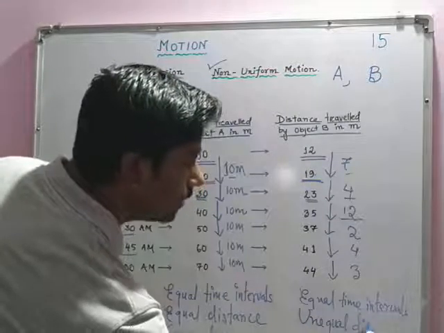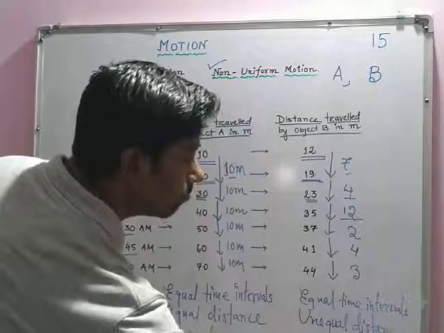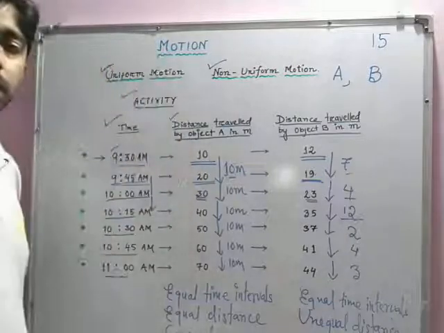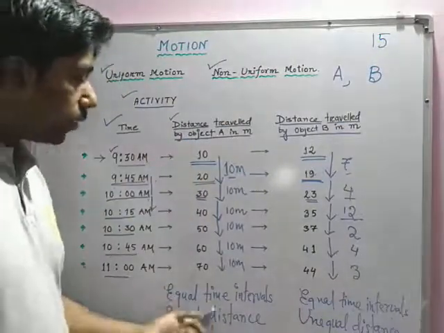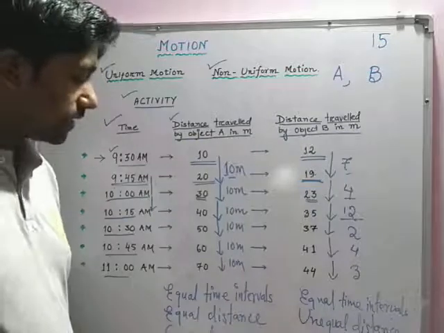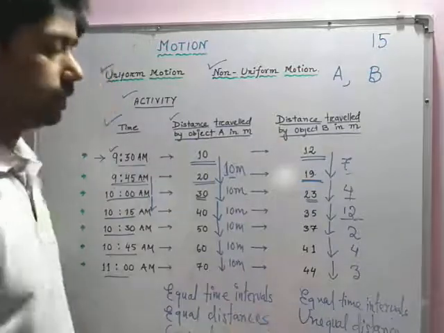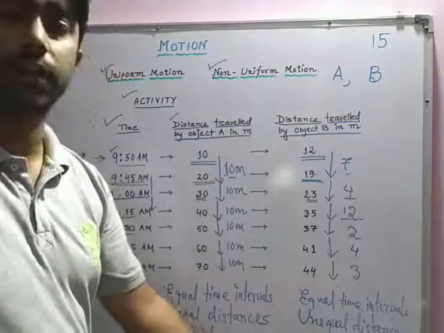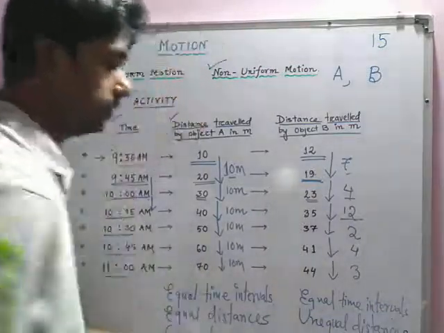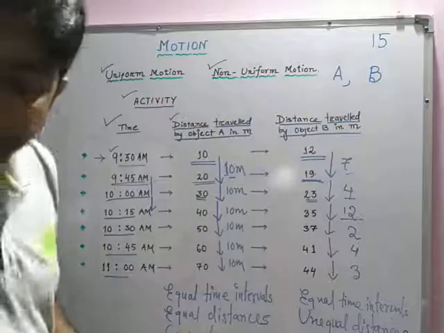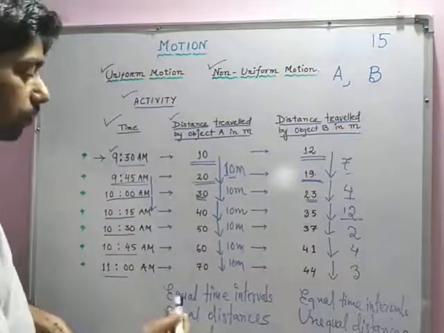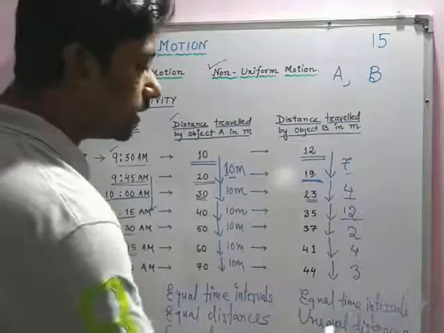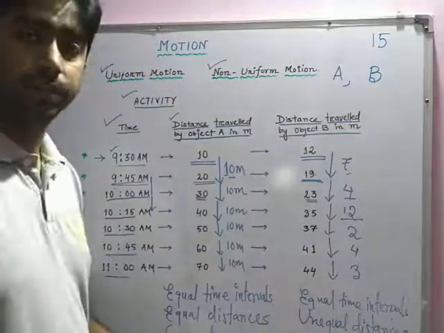So you note this: for object A, in equal time intervals, equal distances are covered, and for object B, in equal time intervals, unequal distances are covered.